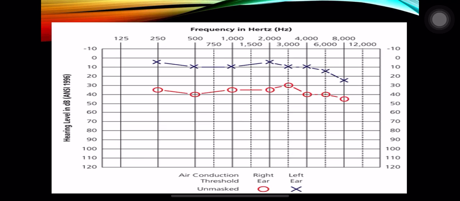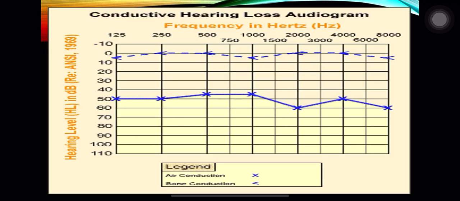So here assume the bone conduction of right ear is normal. So if the bone conduction of the right ear is normal, then obviously there is no defect in the sensorineural pathway, but there is a defect in air conduction of right ear. So obviously it's going to be conductive hearing loss of right ear. That is the interpretation of this graph.